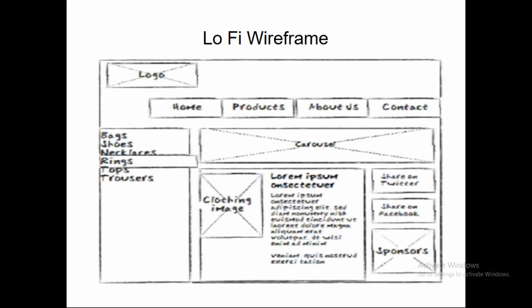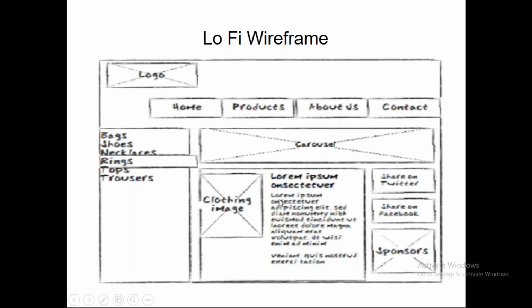This is an example of a low fidelity wireframe. As you see here, you have the logo, you have the navigation buttons to different pages: home, products, about us, contact. Then you have a placeholder image, and on the left hand side you have the various products that are sold online. It seems to be an online e-retailing portal, and the moment you click on something, you get the image and the corresponding text.